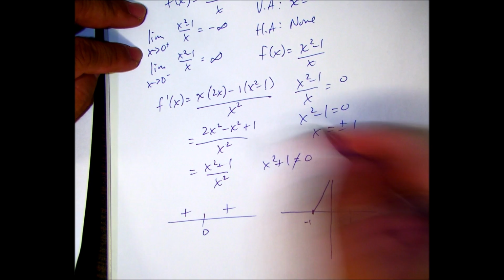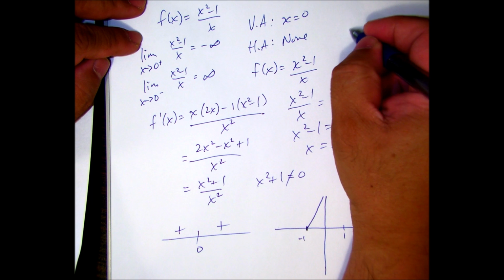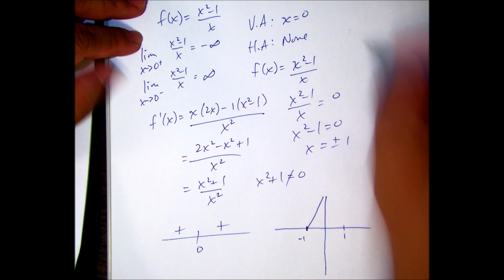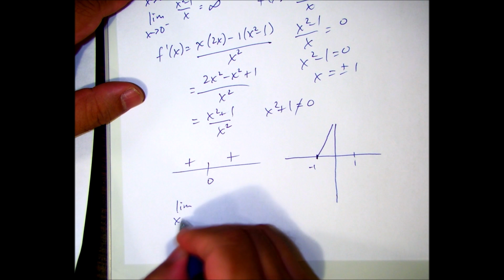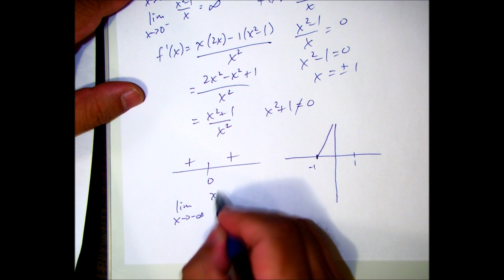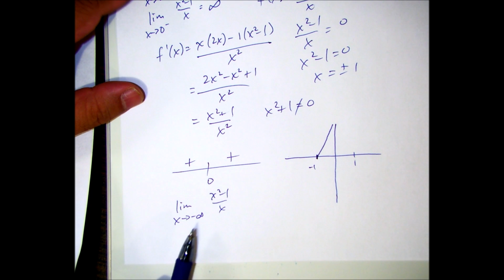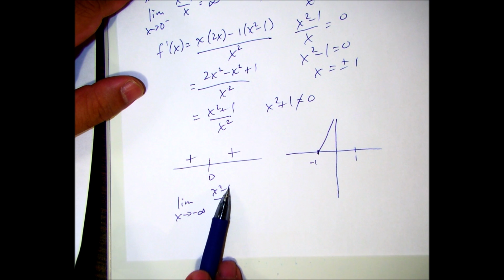We should probably look at what happens as x goes to infinity and negative infinity. I want to look at the limit as x goes to negative infinity of x squared minus 1 over x. When we put a big negative number in there, the numerator turns positive, but it's positive divided by negative, so it's going to be negative.